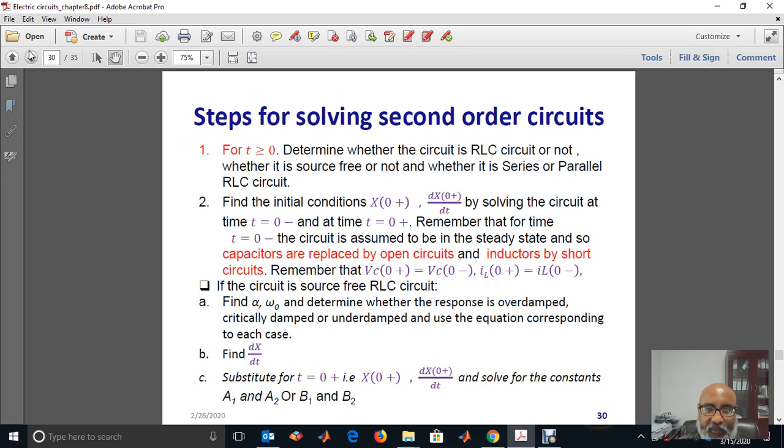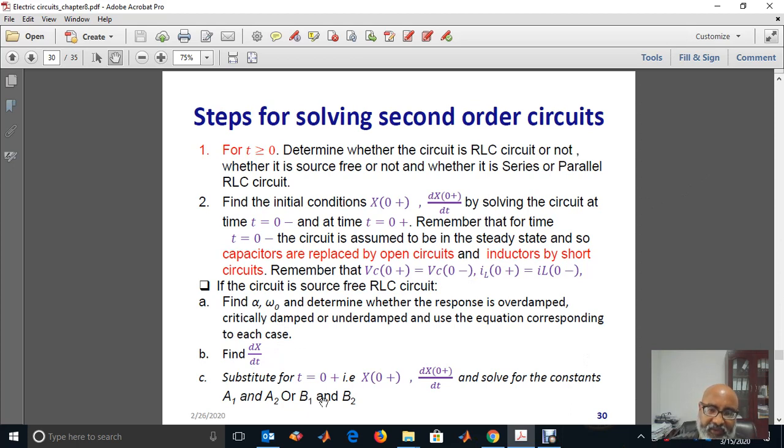Therefore, to summarize, if we want to solve either series RLC circuit or parallel RLC circuit, first we need to find the initial conditions. We need x at 0, and this x can be the current or the voltage, and the derivative of x at 0, which is the voltage or current. We determine alpha and omega naught, and then by using alpha and omega naught, we find the form of the response, which can be overdamped, critically damped, or underdamped.